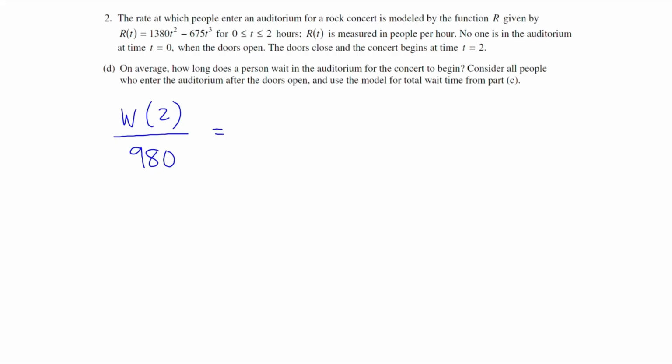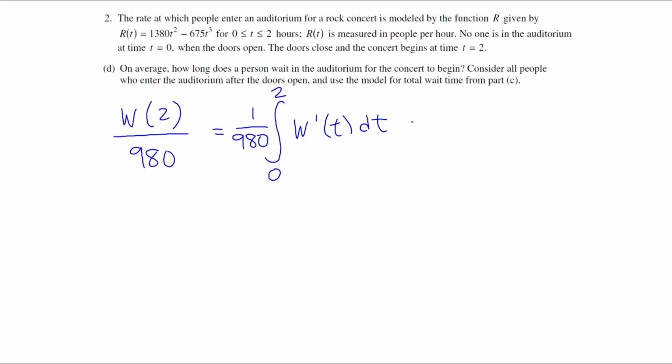And so what we're going to do is an integral from 0 to 2 of W prime of t dt, and then divide it by 980. Because we know that at 0, the total wait time was just 0.